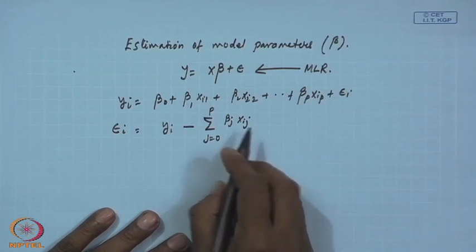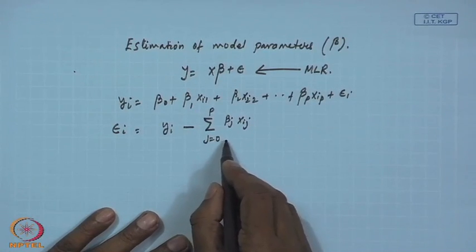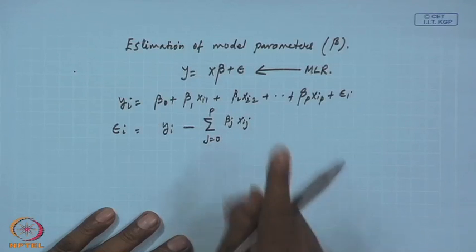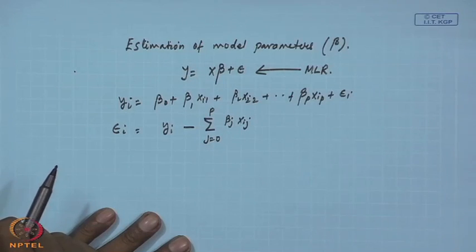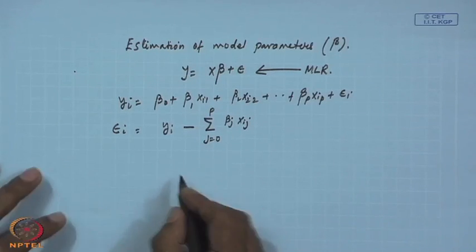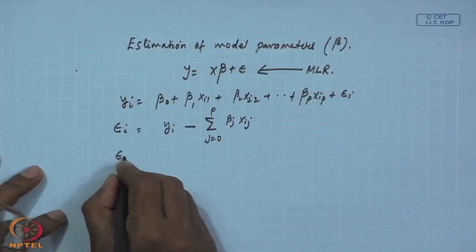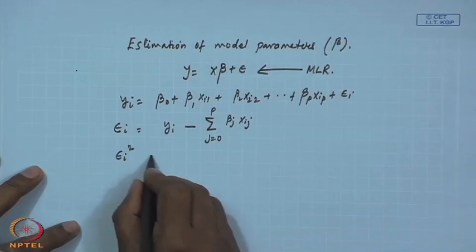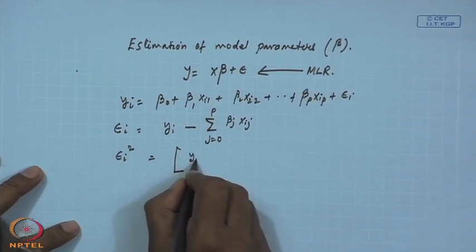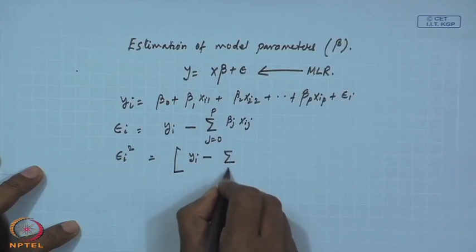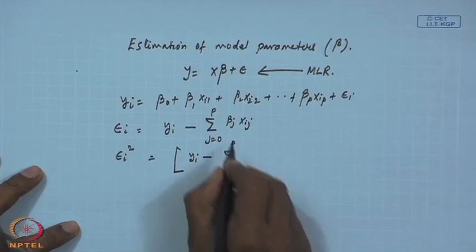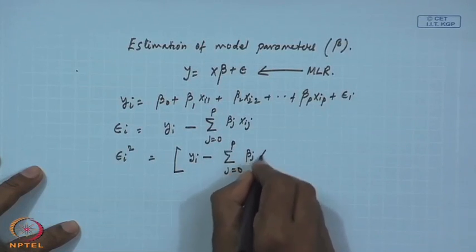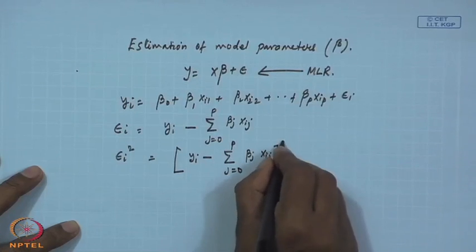When j equal to 0, this xij will take the value of 1. If I take the square of it, you will get yi minus the sum over j equal to 0 to p of beta j xij, whole square.